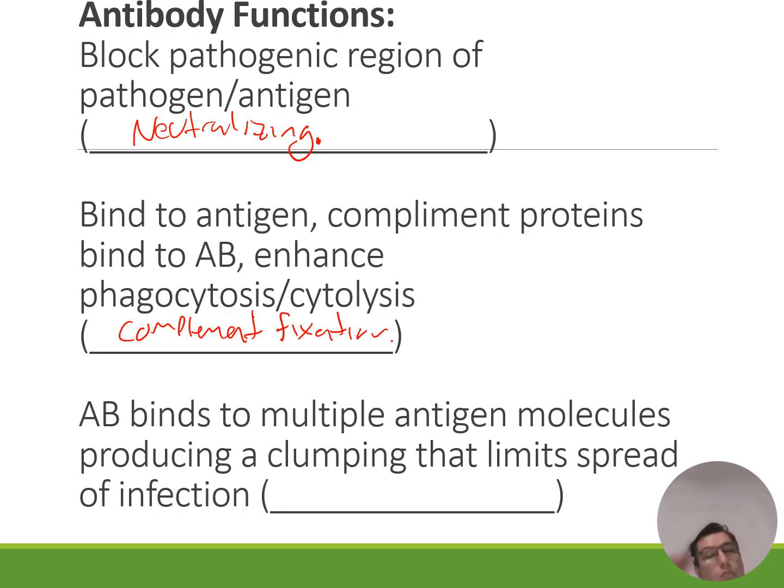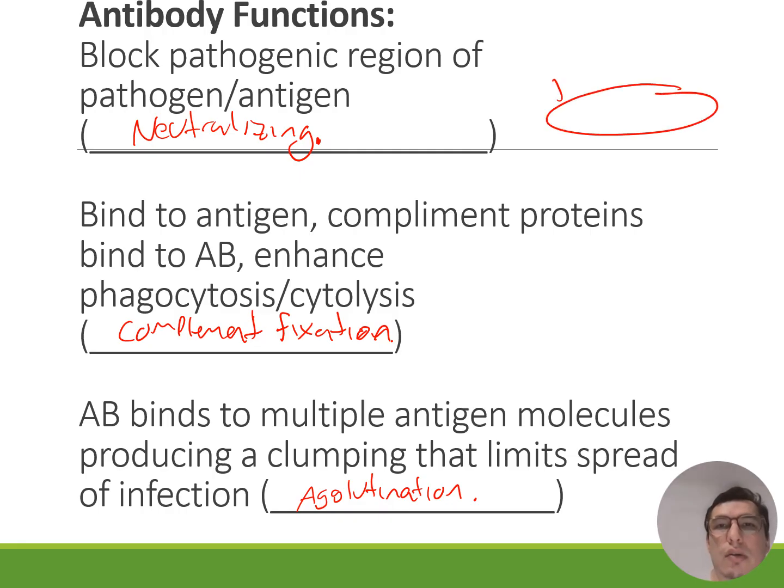Okay, and we'll discuss each one of them one by one. Fixation. Antibodies bind to multiple antigen molecules, producing a clumping that limits the spread of infection, and that is agglutination. All right, so let's look at the first one. So if we have a pathogen, which is a recurrent offender, that has been in your body before, you already have antibodies against it.